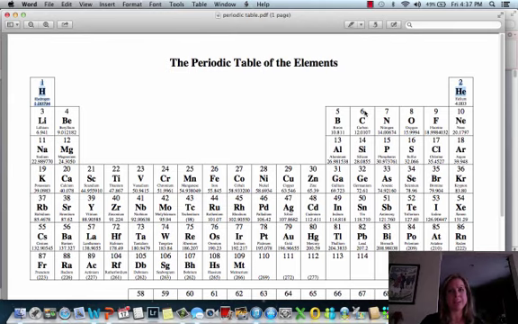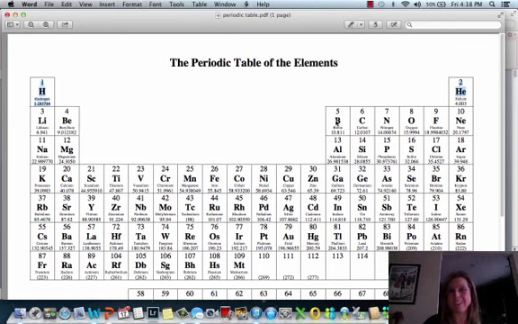So the one that we can't figure out yet is the number of neutrons. This number down here tells us the number of protons plus neutrons. So if this number up here tells me protons, this number down here tells me protons plus neutrons, how could we figure out the number of neutrons? Well, we can just subtract it. It's that simple. So if we take 12 minus 6, that gives us 6, and that's the number of neutrons that the atom has for carbon.